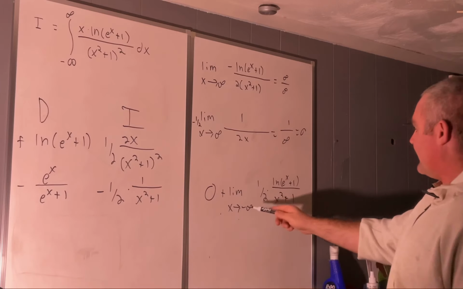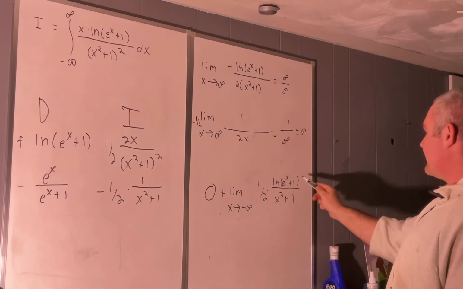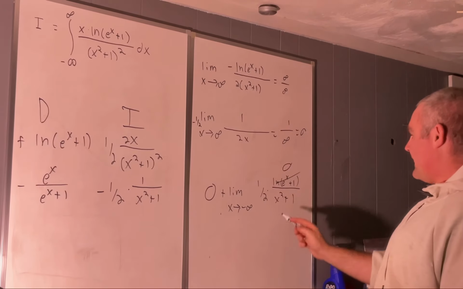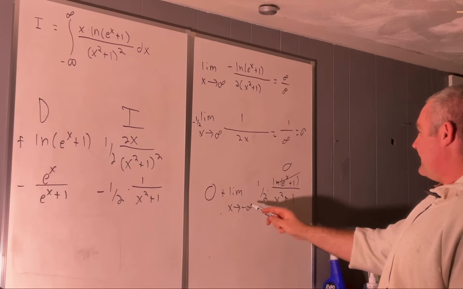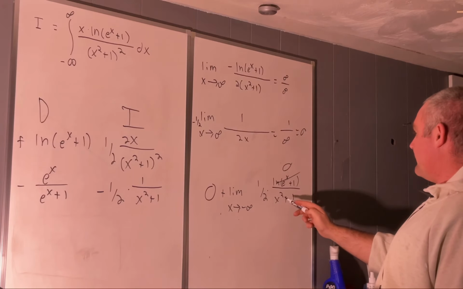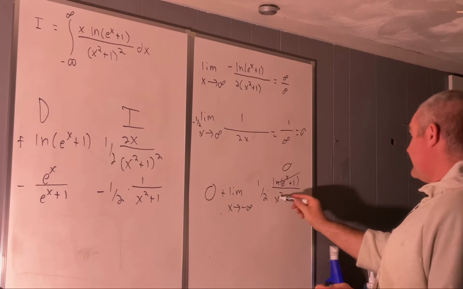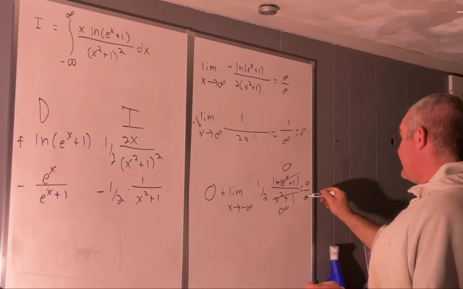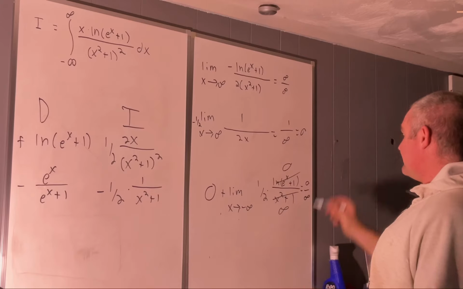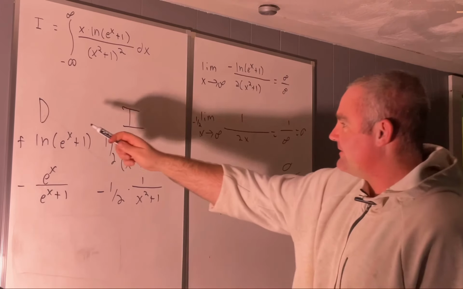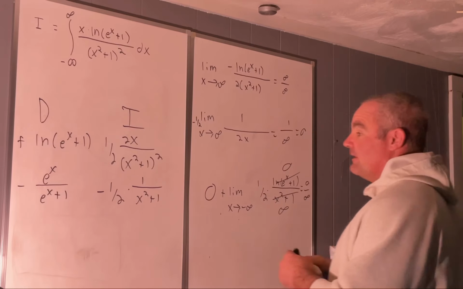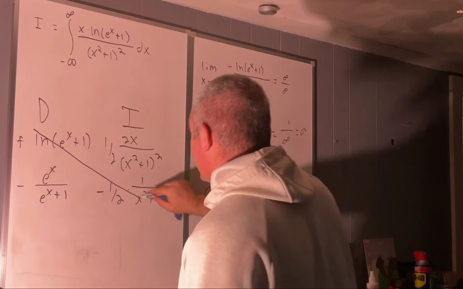All right, letting x go to negative infinity here would give us natural log of 1, so this would be 0. And letting x go to negative infinity here would give us infinity. So that's 0 over infinity, which is 0. So we'll end up with 0 for both the upper and lower bounds when we do the evaluation. So this goes away.